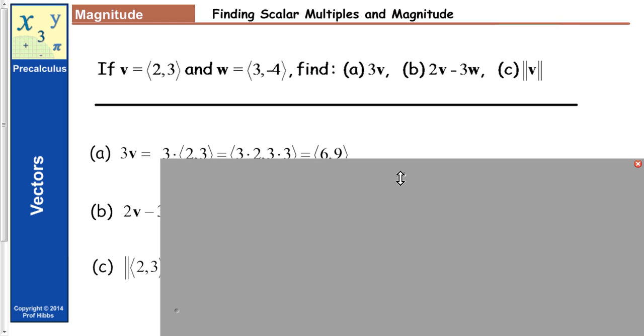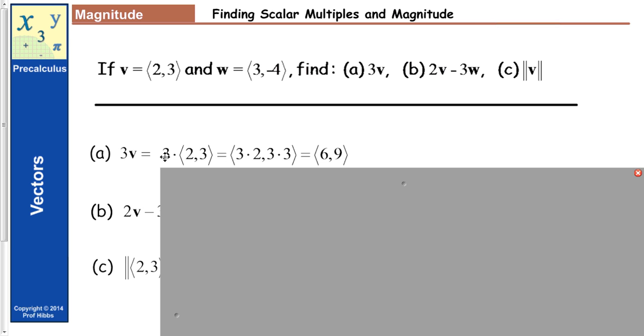As we already saw, if we're multiplying 3 times a vector, we simply multiply each component by that scalar. So we multiply the 2 by 3 and the 3 by 3, and so 3v in component form is the new vector 6, 9.